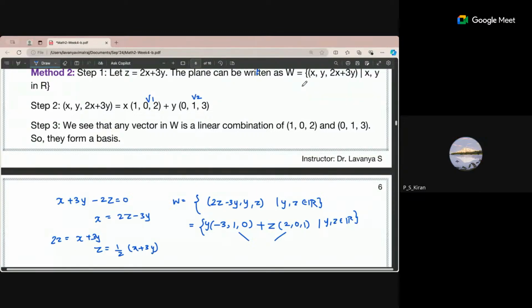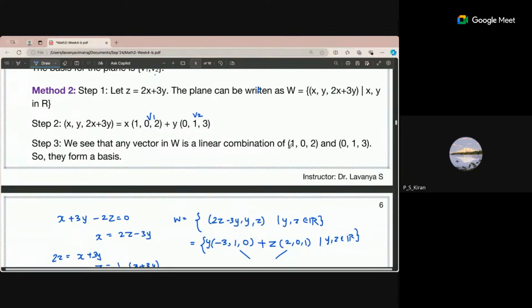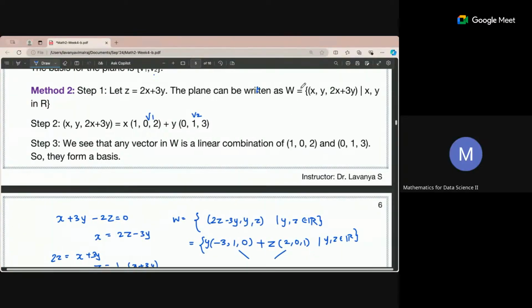But a subspace can have fewer vectors. Yes, for a subspace you have to look at the dimension of the subspace, not the dimension of the space. W is a subspace of R3, so you look at the dimension of W. W is a plane and the dimension is 2, so you need two vectors in the basis. Clear?